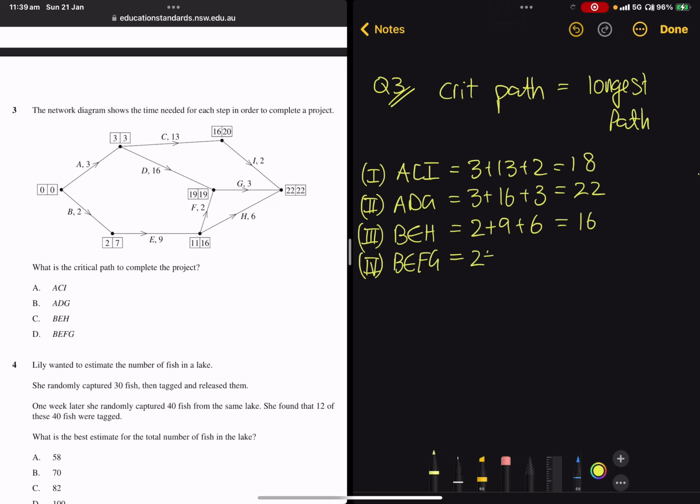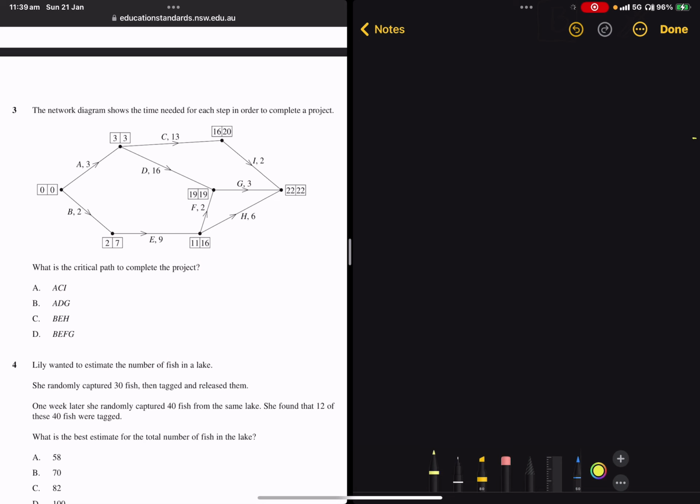This is 2 plus 9 plus 2 plus 3. 2 plus 9 is 11, 2 plus 3 is 5, they add to make 16. The longest of these is ADG, which is 22, and so therefore ADG is the critical path, so the answer is B.